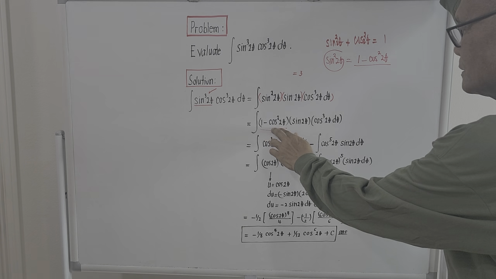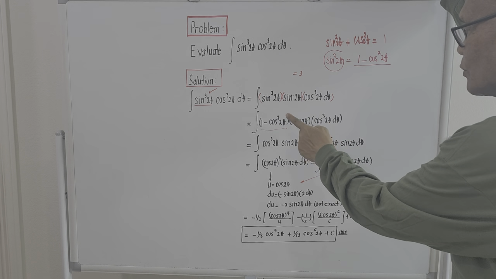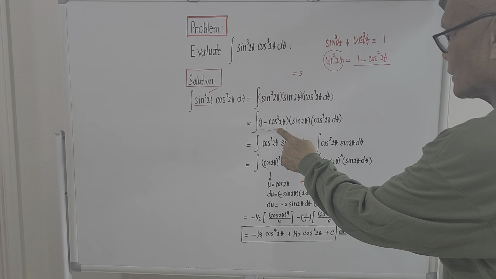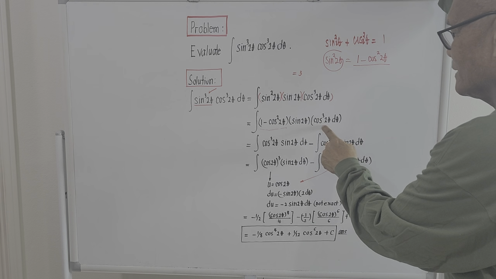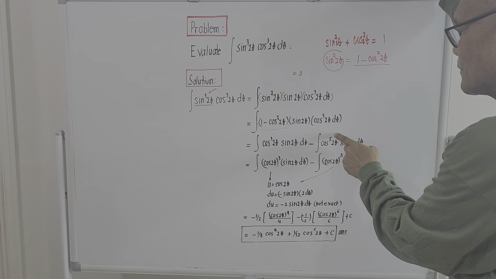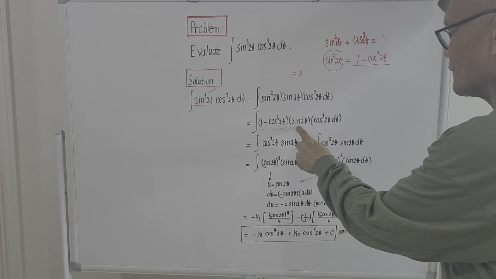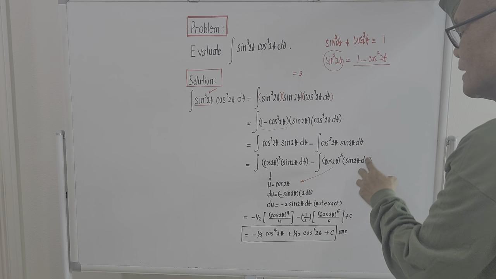Cosine square, okay, multiplied by cosine cube. We will be using the laws of exponent. The power of cosine of twice theta here is 2, same base, right? This is 3, so it will become cosine to the fifth of twice theta, multiplied by sine of twice theta, differential theta.